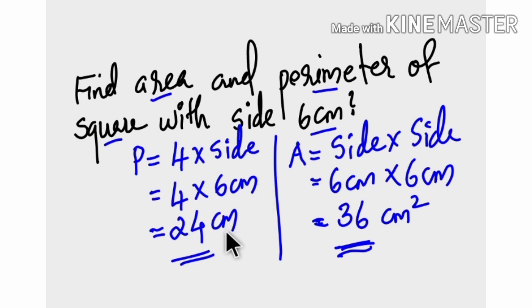Here you can see in the case of units, if it is perimeter, unit will be same, centimeter. If it is area, unit will be in terms of square units. If it is centimeter, the unit will be centimeter square. If it is meter, then the unit will be meter square. If it is millimeter, then the unit will be millimeter square.